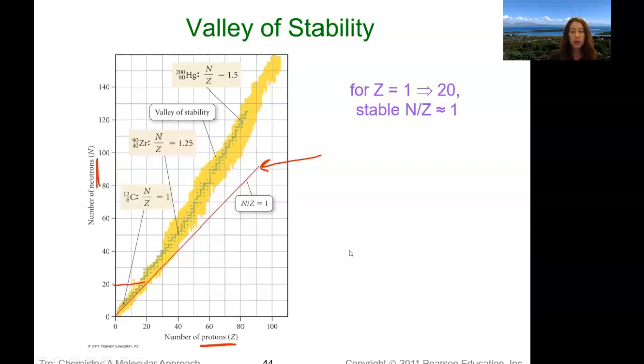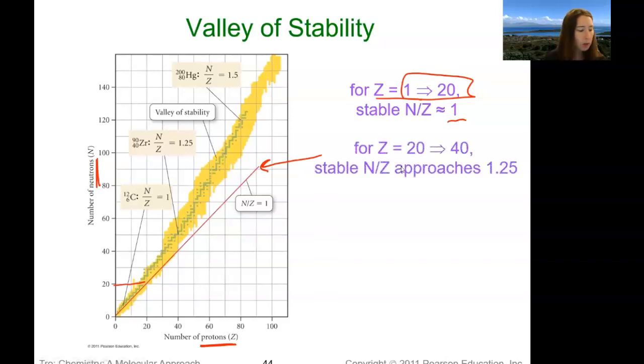So the ratio is about 1 for atomic numbers 1 to 20, all the way up to calcium. Now, going from calcium to 40, which is zirconium, so periods 4 and 5, the stable ratio is about 1.25.